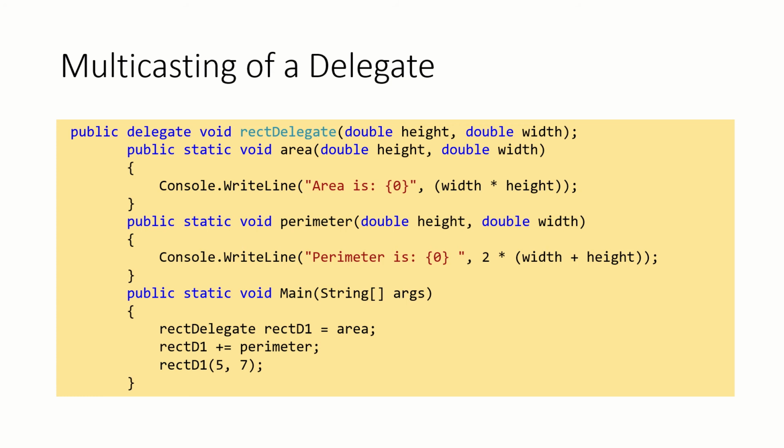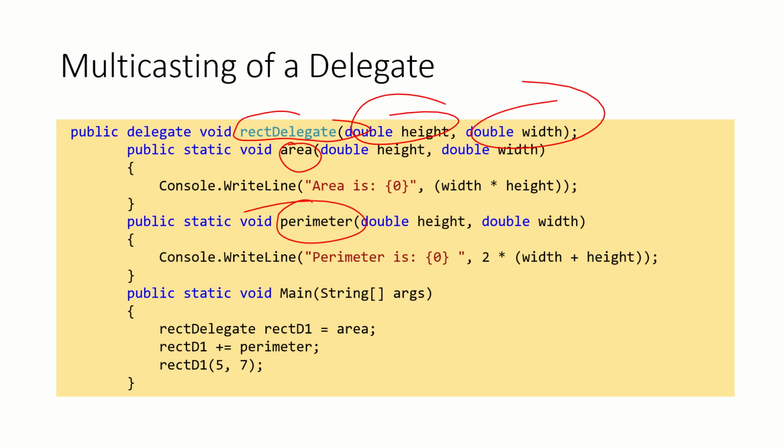Okay, so in this example, we have a delegate which we name Rex delegate. Okay, we get the height and weight. Basically we use these two parameters. We can calculate two different results. One is area, another is perimeter. They both use height and weight, right?